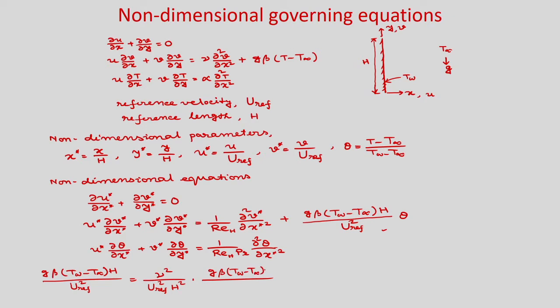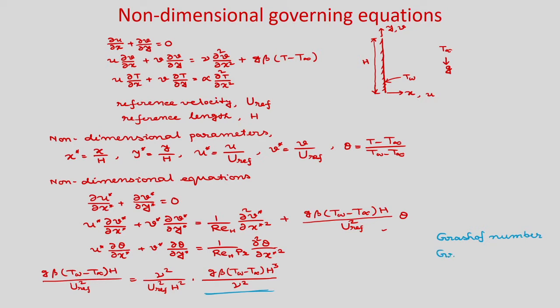So, let us multiply in the numerator, and you will get h cube, and nu square, which we have multiplied in the numerator, goes in the denominator. This term is now another non dimensional number, known as the Grashof number. So, how is the Grashof number defined?